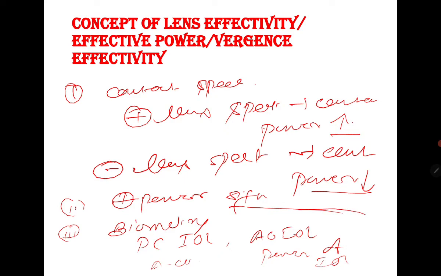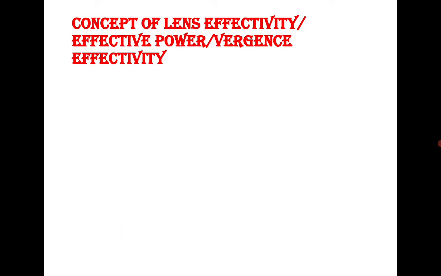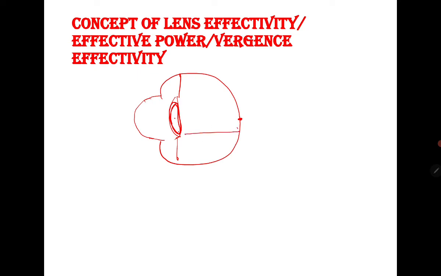This is because suppose this is your eye, and this is the lens and the nucleus. Suppose this position correlates with the retina, the secondary focal point, the distance between them is less.